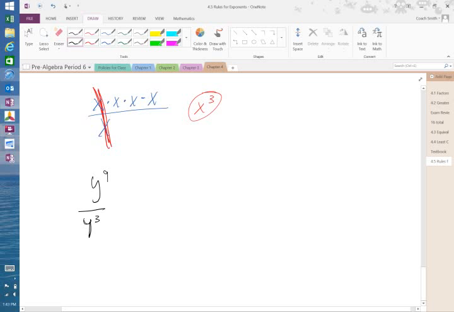Let's say we had y to the 9th over y to the 3rd.